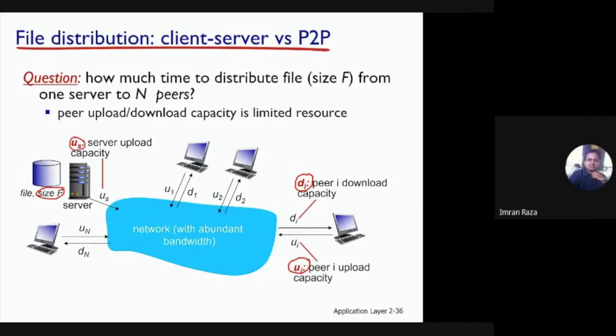And let's assume that there is no bandwidth constraint here. The network bandwidth is in abundance, right? So there is no issue of the network bandwidth, and still we'll see how we can have a problem in a client-server environment here, right?